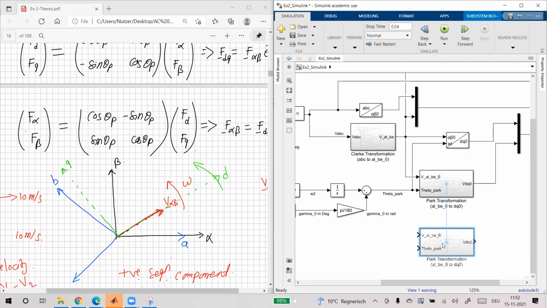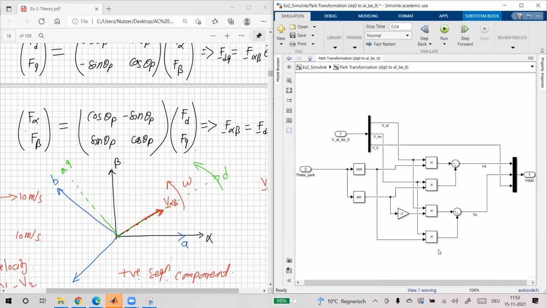I basically copy this one. So Vd into cos, Vq into minus.